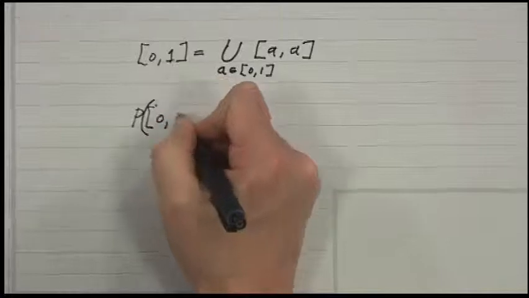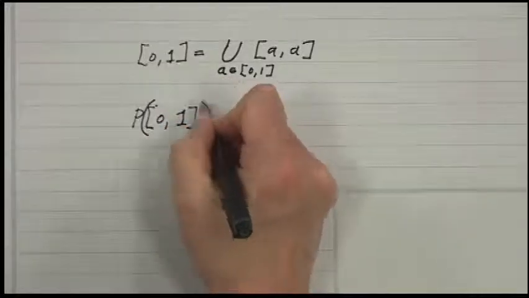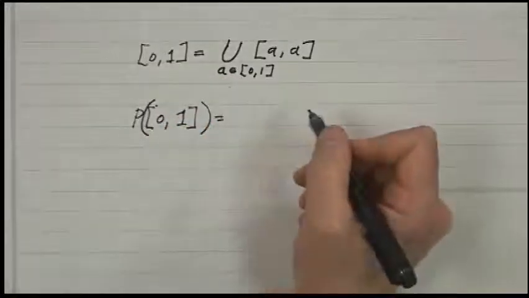So if I take the probability of the interval 0 to 1, what's that equal to? 1.